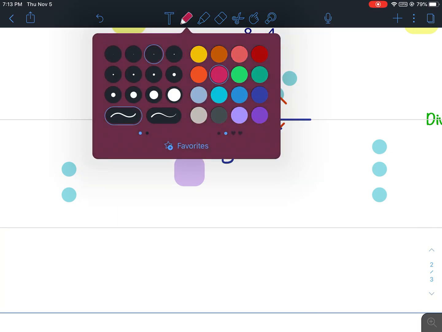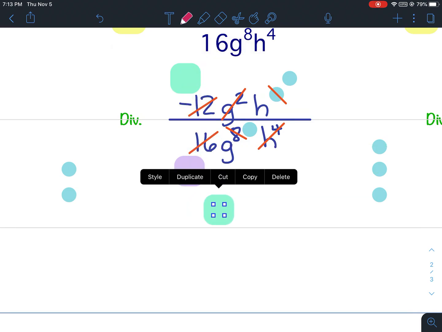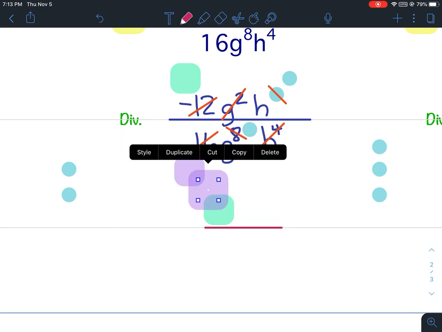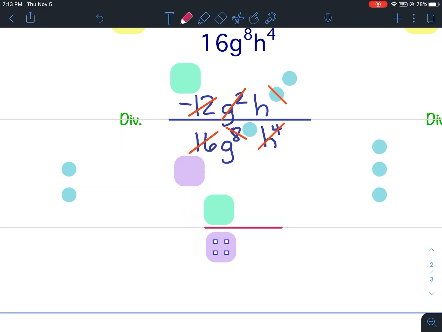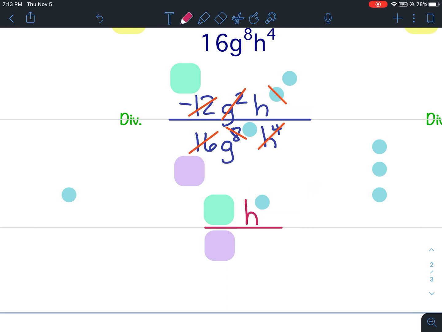So my final answer would have that number in the numerator, that number in the denominator, h in the numerator, and g in the denominator.